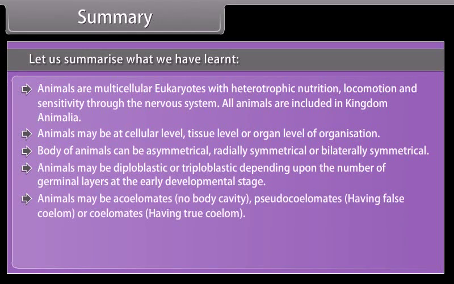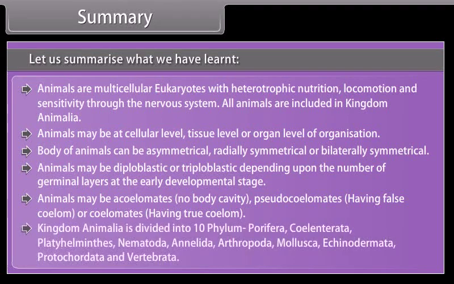Animals may be acoelomates, having no body cavity, pseudocoelomates, having a false coelom, or coelomates, having a true coelom. Kingdom Animalia is divided into 10 phyla: Porifera, Coelenterata, Platyhelminthes, Nematoda, Annelida, Arthropoda, Mollusca, Echinodermata, Protochordata, and Vertebrata.